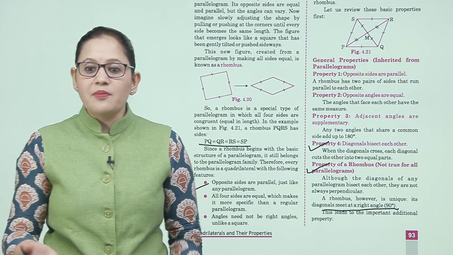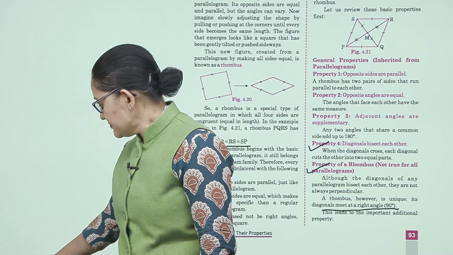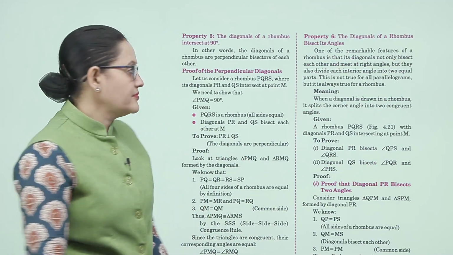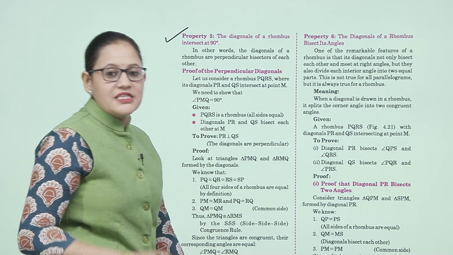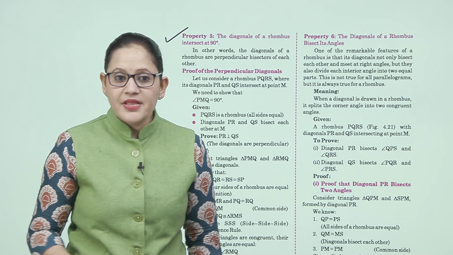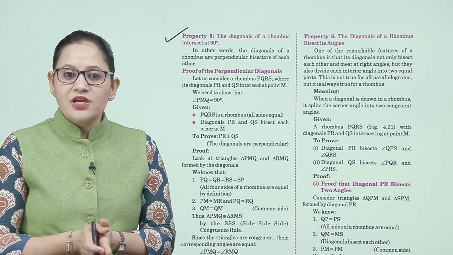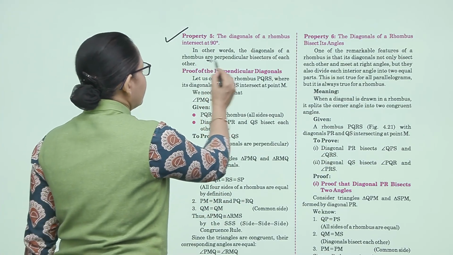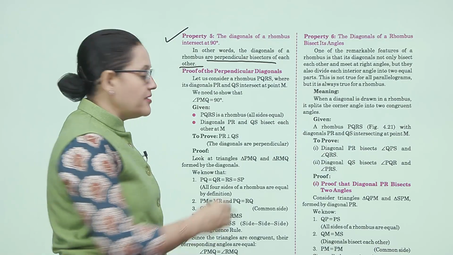This leads to an important additional property. Property 5, the diagonals of a rhombus intersect at 90 degrees. In other words, the diagonals of a rhombus are perpendicular bisectors of each other. They bisect each other at 90 degrees.